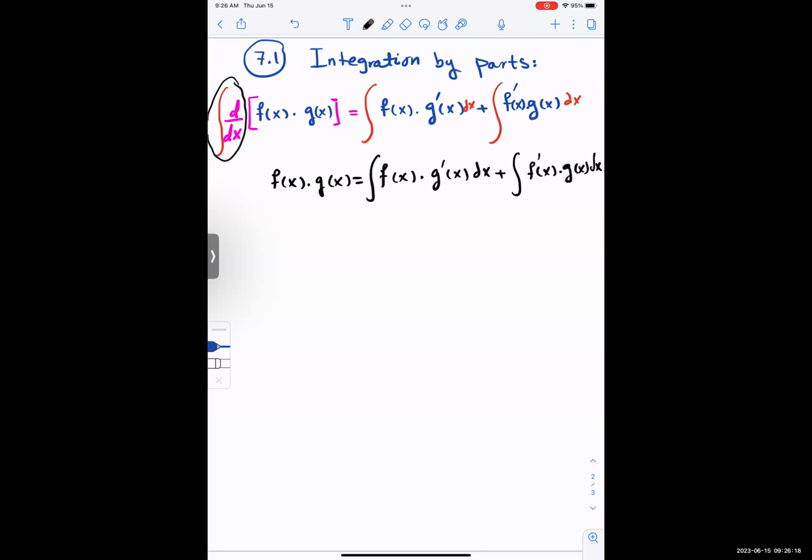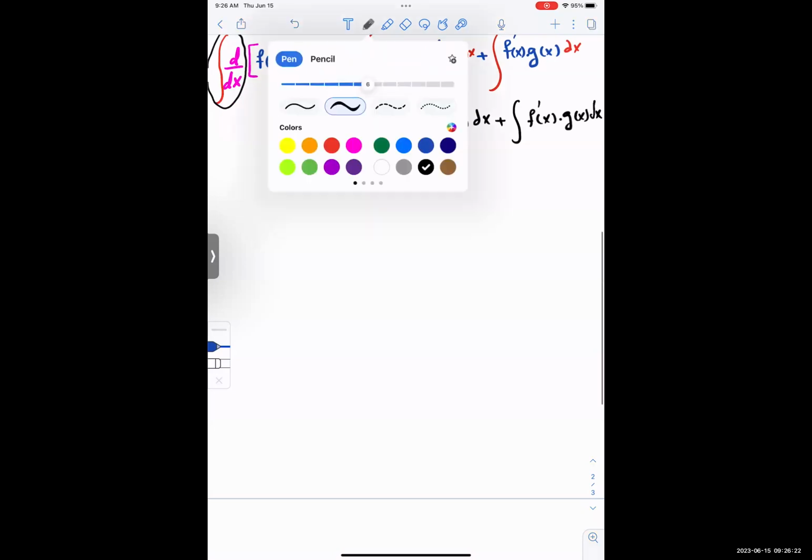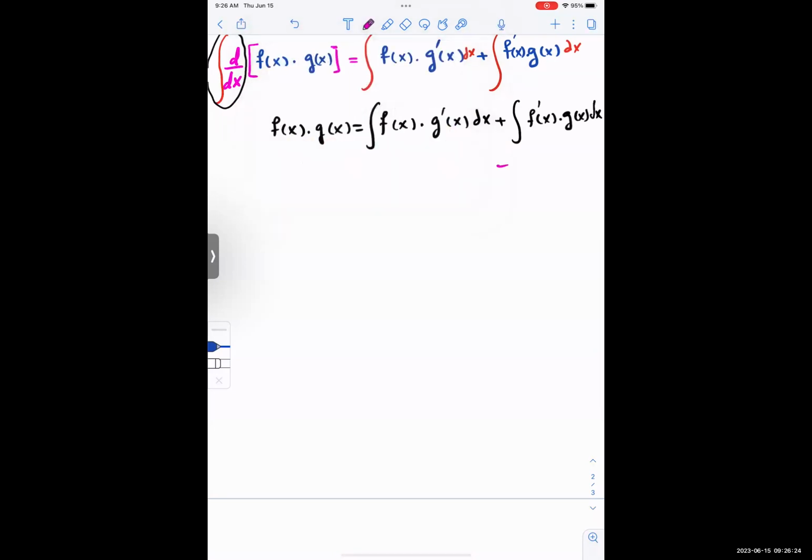Okay, now I'm going to subtract both sides by the integral of f prime of x g of x dx. So that cancels.